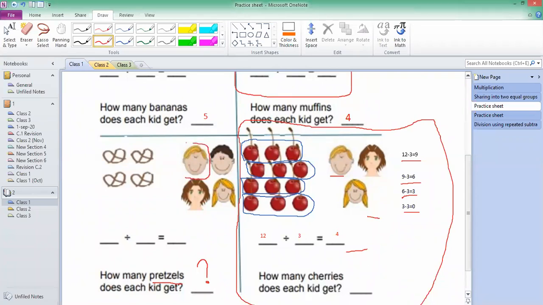Each means one. If you distribute them equally among these kids, how many pretzels will each kid get? Muhammad Al Sheikh, no, it's not four. Very good, Ryan, Muhammad Saleh, Umar Sheikh, Sami Al Ijazi.